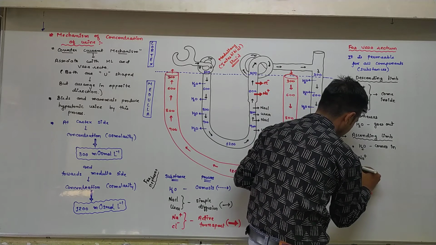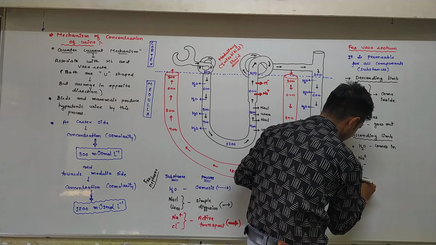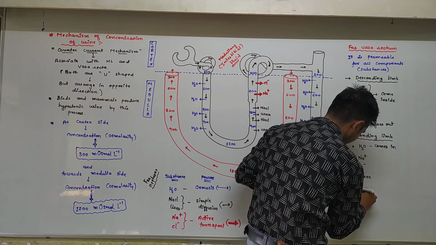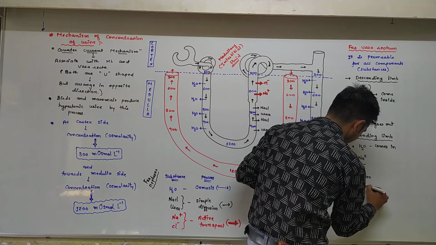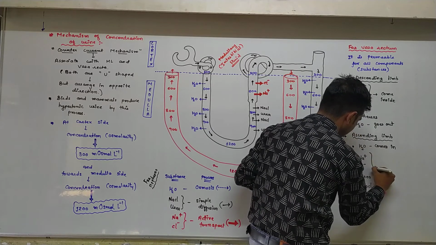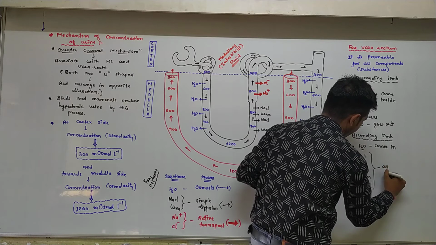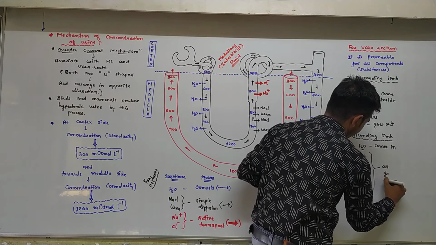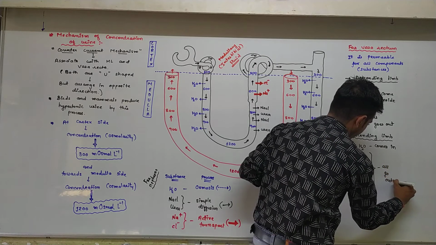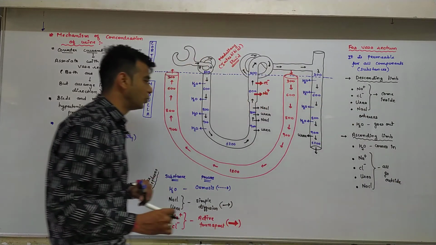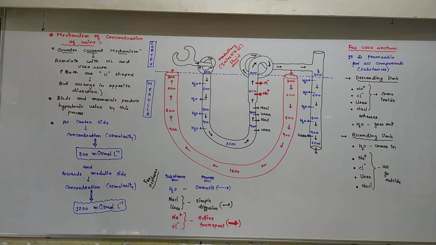Na plus, Cl minus, urea, NaCl come out from the ascending limb and come in the interstitial fluid.